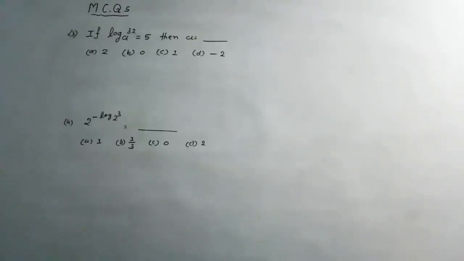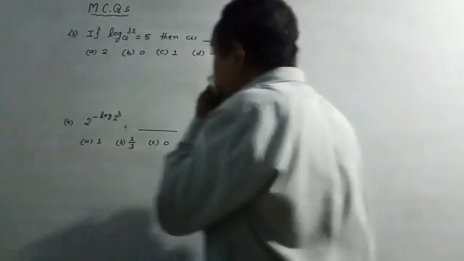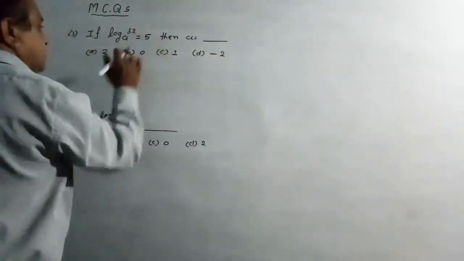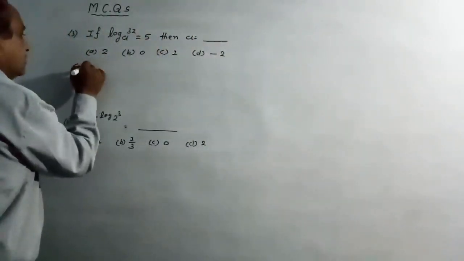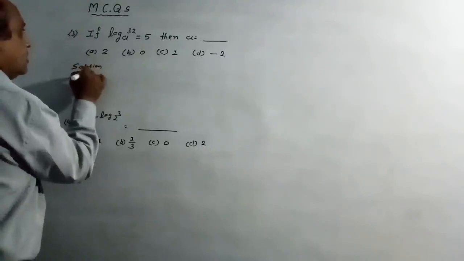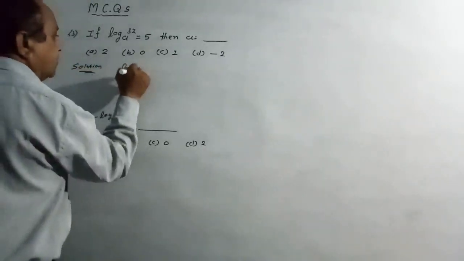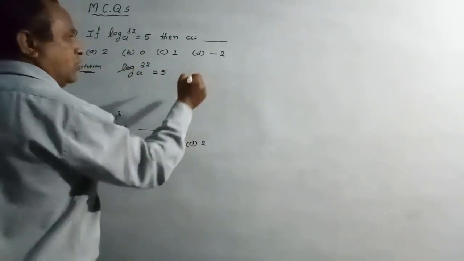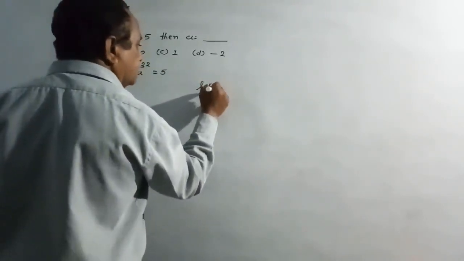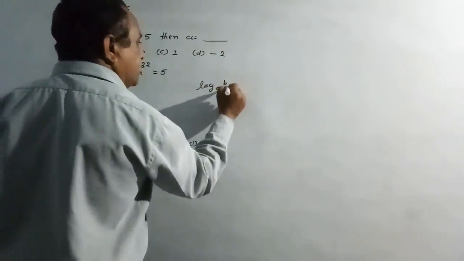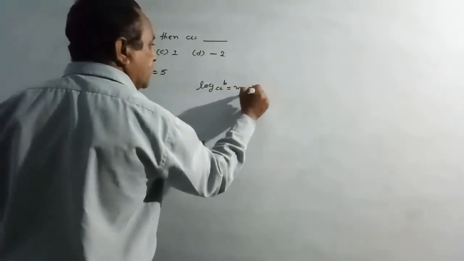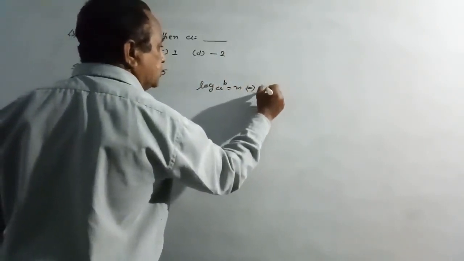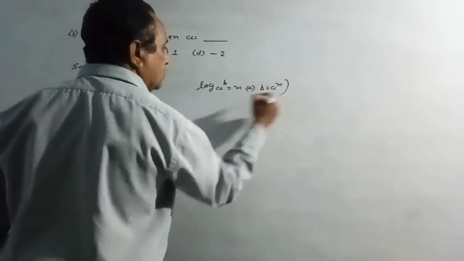Now MCQ number 3. If log 32 base a is equal to 5, here given log 32 base a is equal to 5. Now our formula: log b base a is equal to n, that is, b is equal to a raised to n.